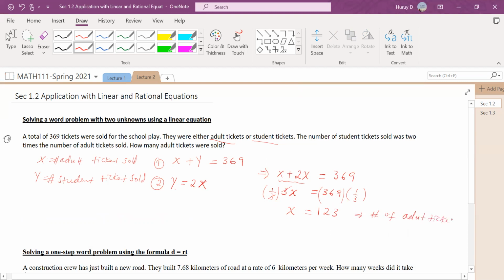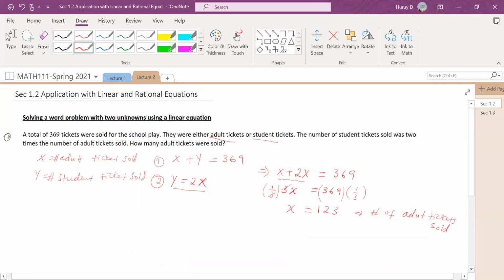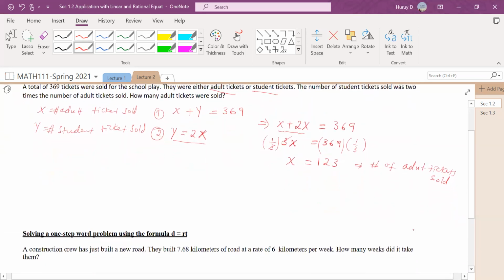adult tickets sold. Okay. Then how about the students' tickets? Well, we can just use this equation. So y equals 2x, and this is 2 times x. We found it already. We plug that number here, and we get 246.